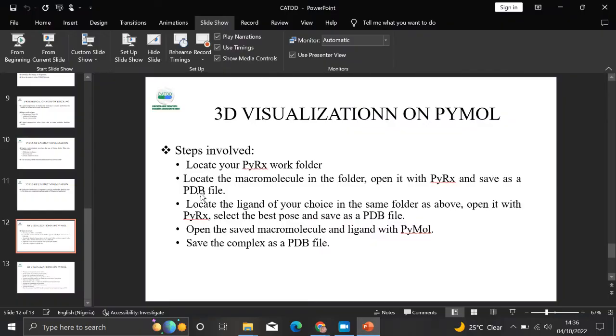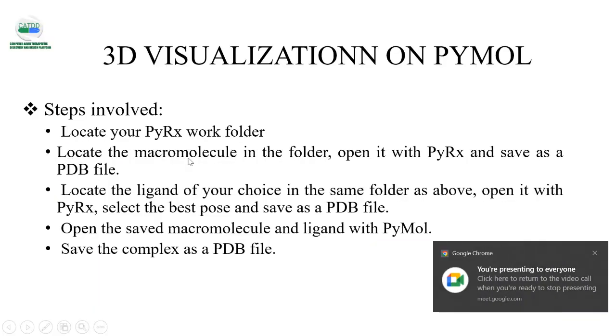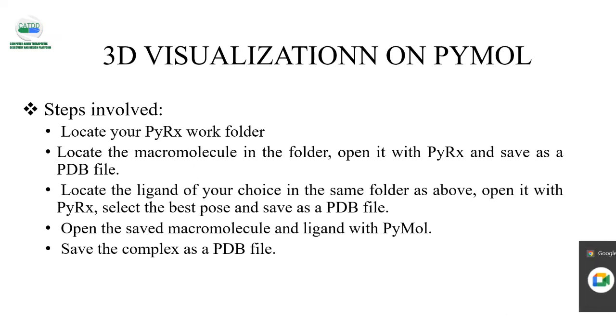So after you locate the ligand of your choice, you open it on Pyrex again and select the best pose. Then you save it as a PDB file. Then you open the macromolecule as well and save it as a PDB file.